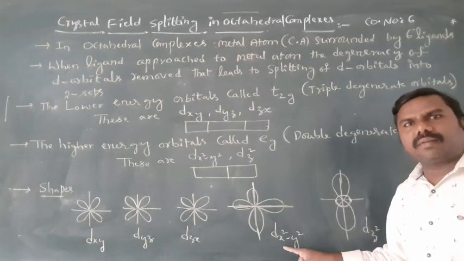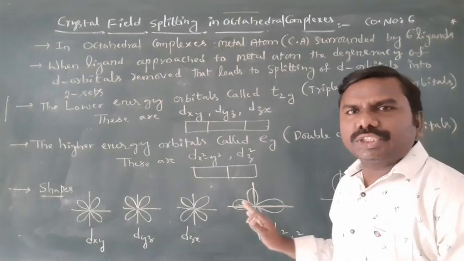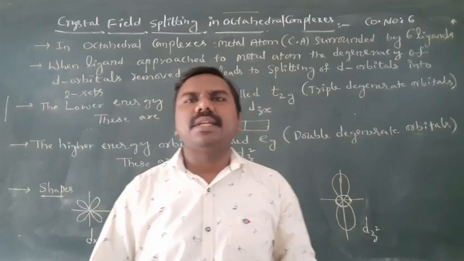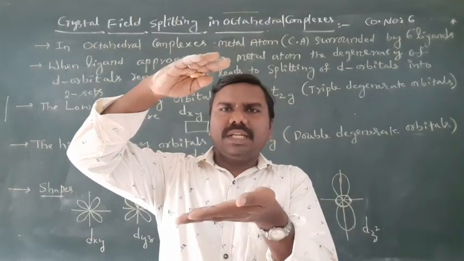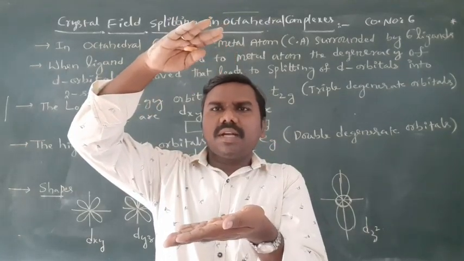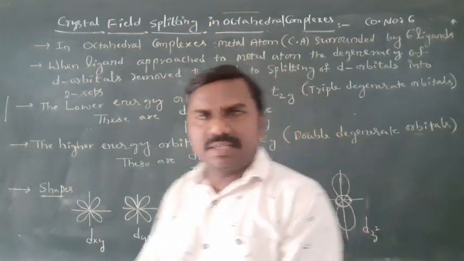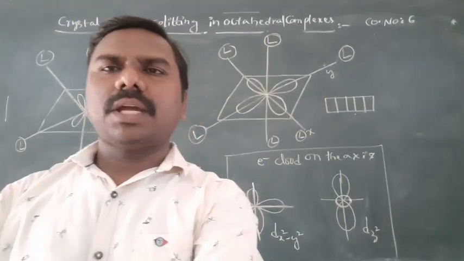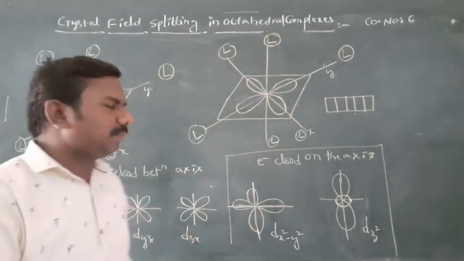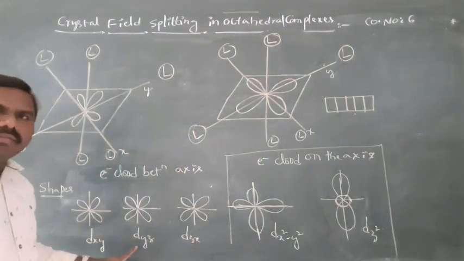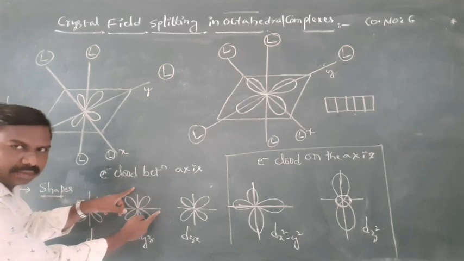We should know the shapes of orbitals to know the reason behind the energy of T2g and Eg. Why T2g is lower and Eg is higher, to know that the shapes are required. Okay, the reason we'll discuss now. See students, the reason why T2g is lower, Eg is higher. In dxy, dyz, dzx, the electron cloud is between the axes.